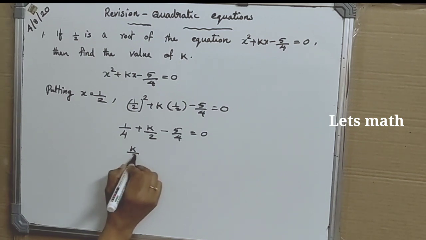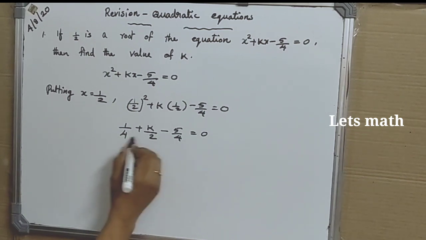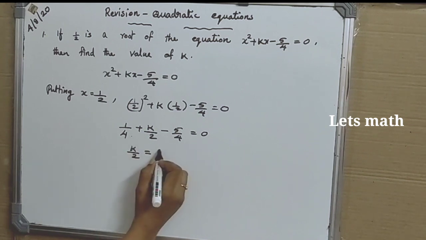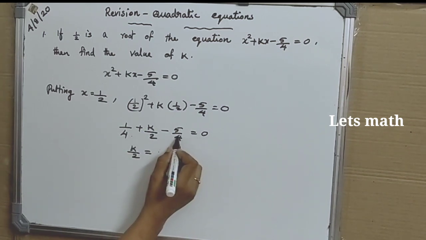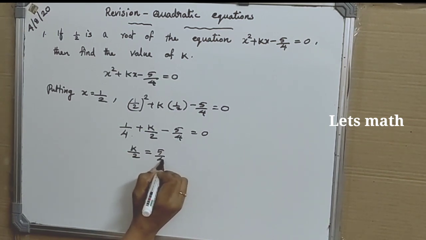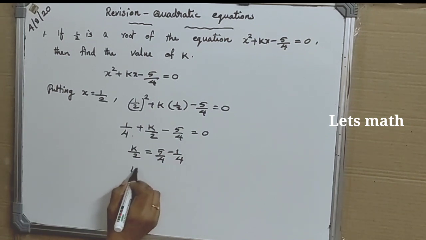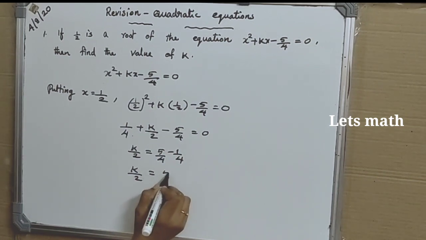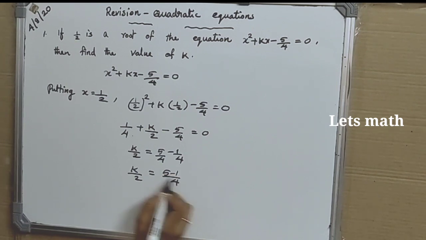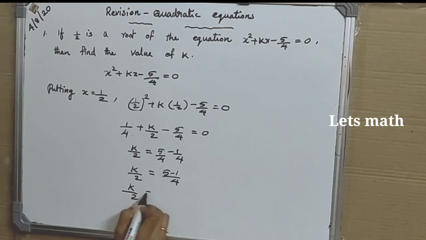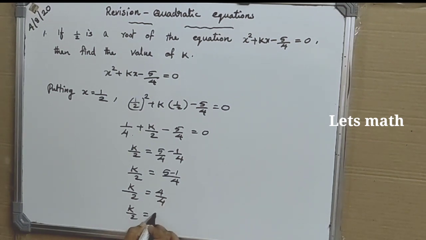Now k by 2 equal to, taking these two terms to the right side, 0 plus 5 by 4 minus 1 by 4. So k by 2 equal to 5 minus 1 by 4. k by 2 equal to 4 by 4. k by 2 equal to 1.